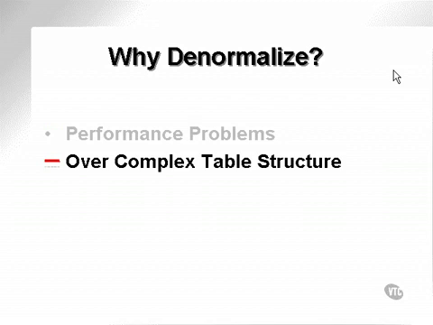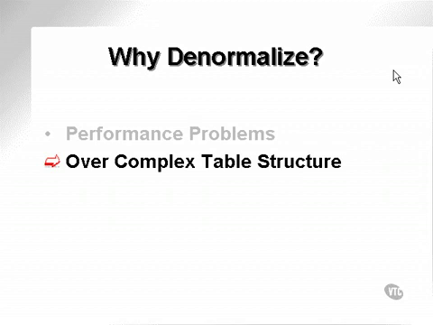Another reason to denormalize, which we partially already mentioned, is an over-complex table structure. In some ways, a table structure with lots and lots of tables is very well broken down, and as you know, in terms of the object methodology, breaking things down into smaller parts actually creates simplicity, believe it or not, but it does. In a relational table structure, breaking things down too far in terms of normalization can actually cause problems.